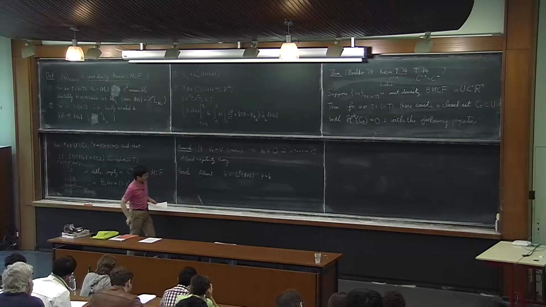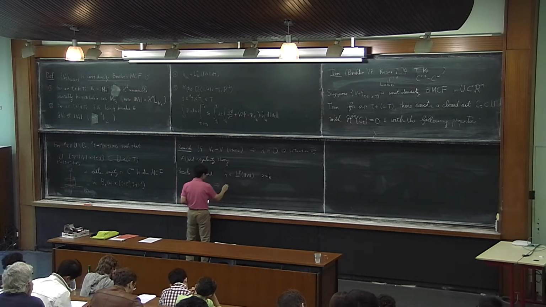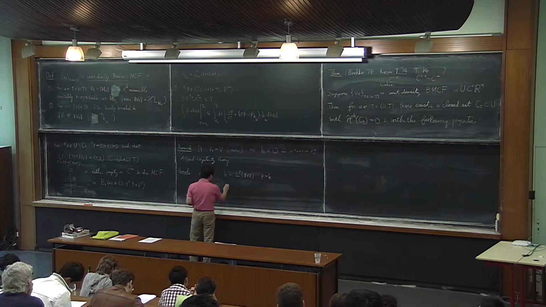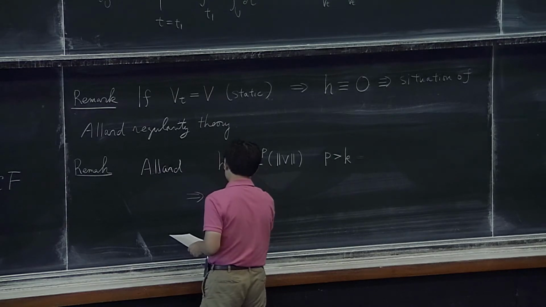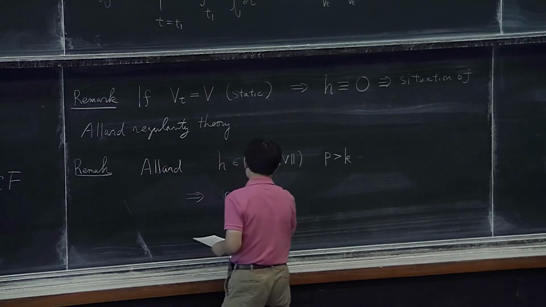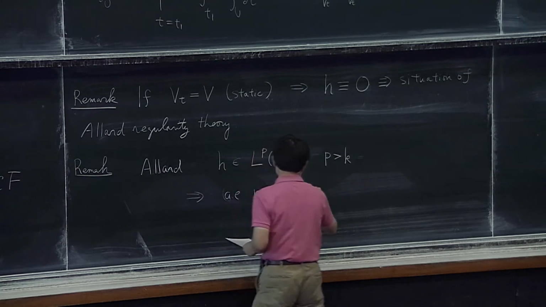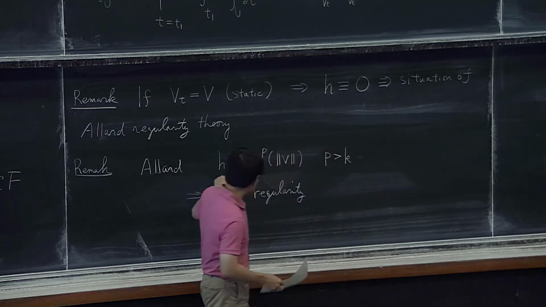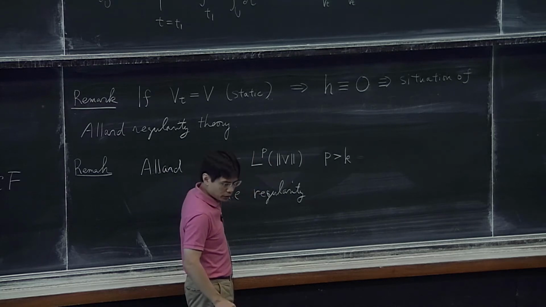Allard regularity says that if this is the case, and also I'm assuming the unit density situation, then it's almost everywhere regularity, except that in case h equal to 0, you get a real analytic smooth surface outside of a singular set.